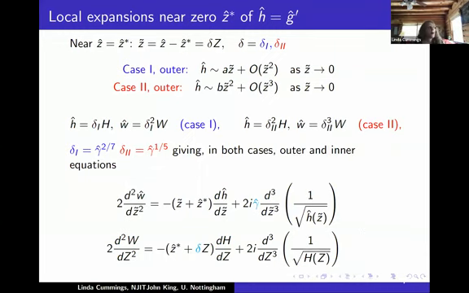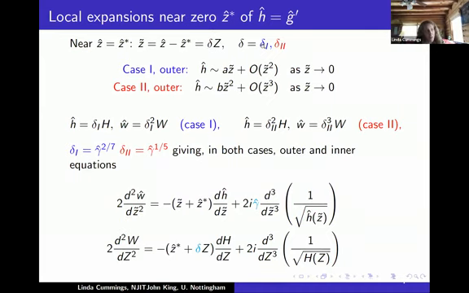Near the zero, we can construct naive local expansions in each of these two cases. So we're looking in the neighborhood of a zero. We can redefine a coordinate z tilde, which is zero at the zero of the derivative of the Schwartz function. And we can also redefine a local coordinate, which I'll call big Z, in terms of some characteristic inner size. That's this parameter delta here.